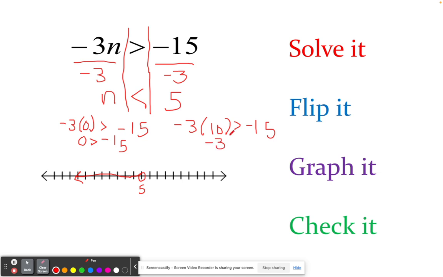Is negative 30 bigger than negative 15? No, it's not. Negative 30 is smaller than negative 15. So this did not work. So I was correct. It is 5, and numbers that are to the left of 5, or smaller than 5, will make this equation true.